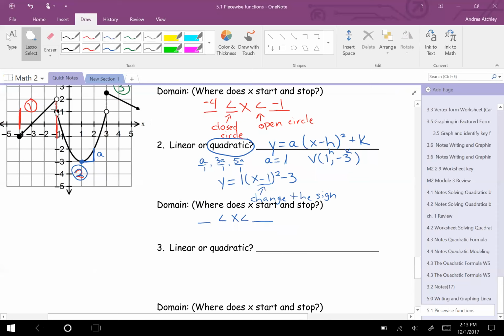Okay. Alyssa, what is the x value where that parabola begins? Negative 1. And looking at my dot, can it equal negative 1?